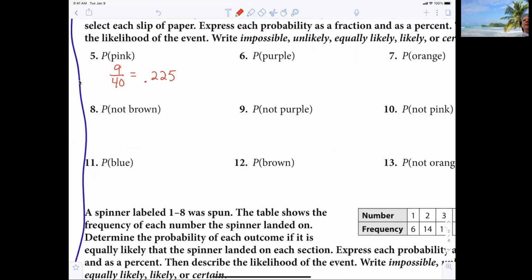Anybody else get that? Yeah. So what percentage is that? How many places do you move the decimal? Move it over twice, please. How much is that? Wow, that was fast. Thank you. I'll just call you Speedy Gonzalez today.